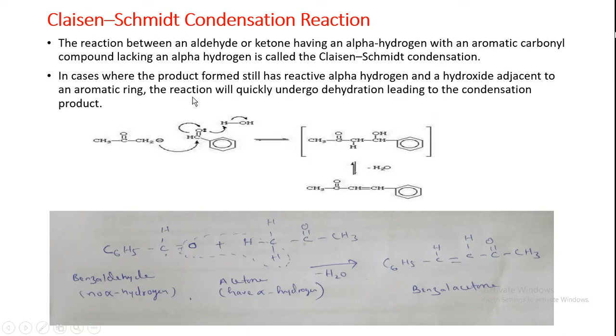That means the aliphatic aldehyde or ketone has an alpha hydrogen, and the aromatic carbonyl compound lacks any alpha hydrogen.